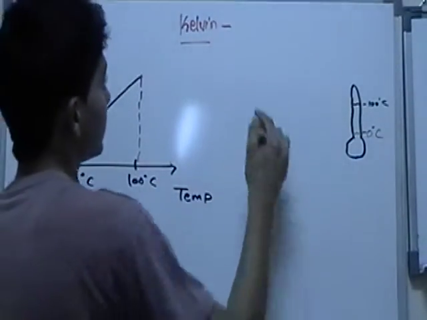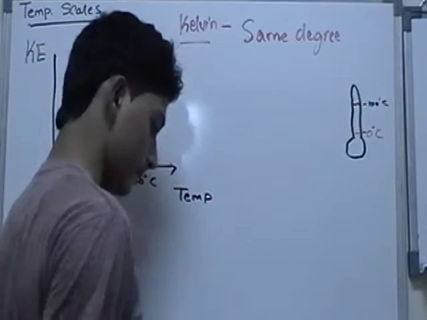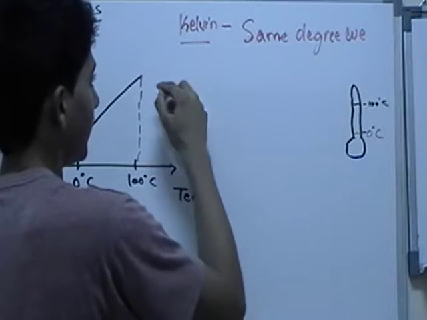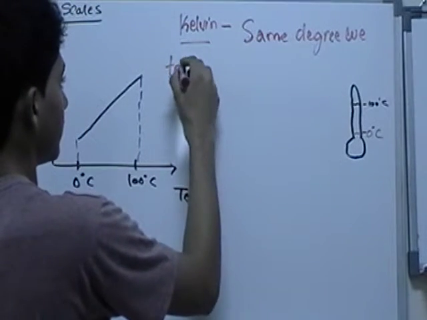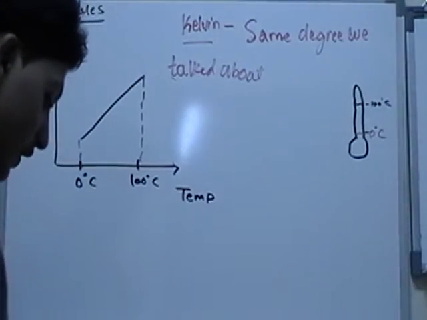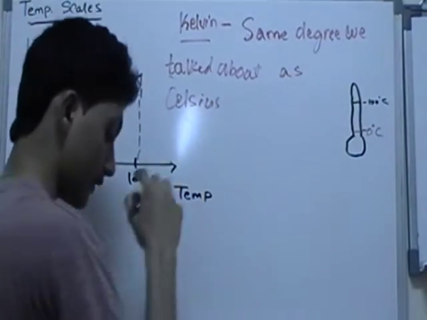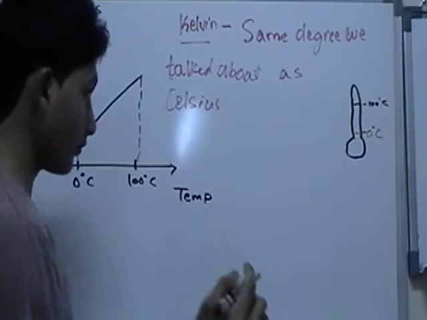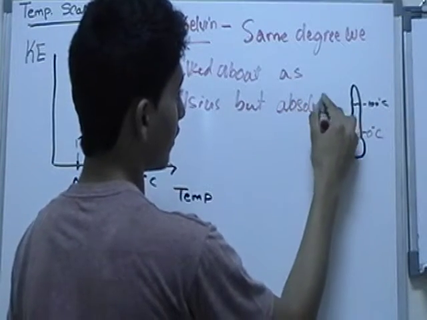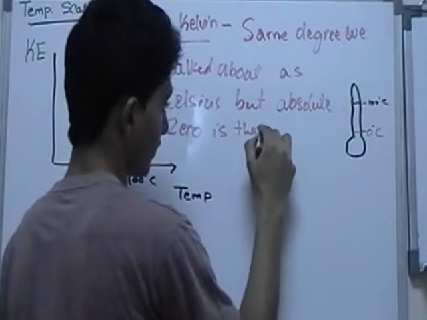It is the same degree we talked about in Celsius, but there's an exception, and the exception is that absolute 0 is the reference.